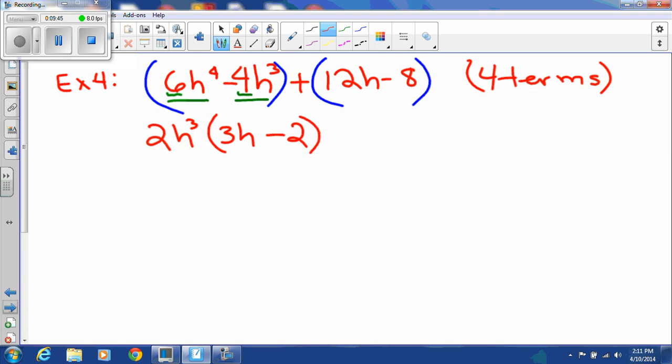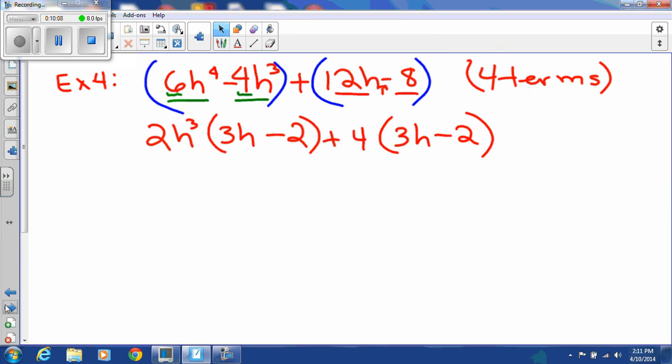Now I'm looking at the second pair of terms, 12h and h. I'm going to put a plus sign because I have a plus sign here. The greatest common factor of 12 and 8 is 4. So I'm going to pull a 4 out. 12h divided by 4 is 3h, minus, because I have a minus sign, 8 divided by 4 is 2.